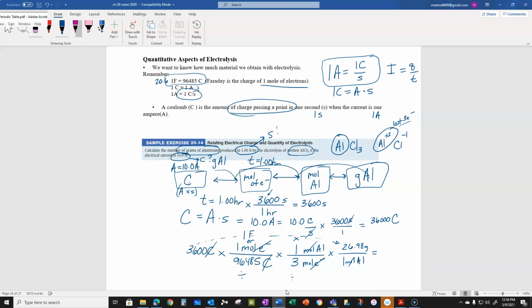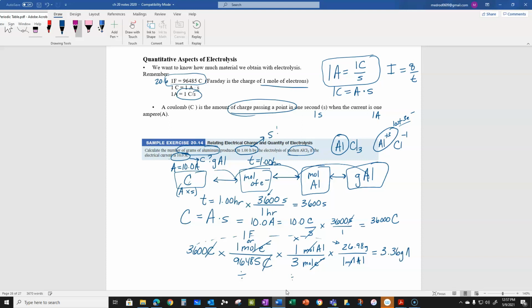And you should get a small number. And I want to make sure I did. Oh, I knew I forgot a 0. I was like, wait a minute, I'm off by 10. Oops, sorry. 36,000. See, Joel, you couldn't correct me now. 36,000. Let me plug that in one more time. And then multiply 26.98. Divide 96,485. Divide 3. All right, there it is. I knew it was like 3 something.